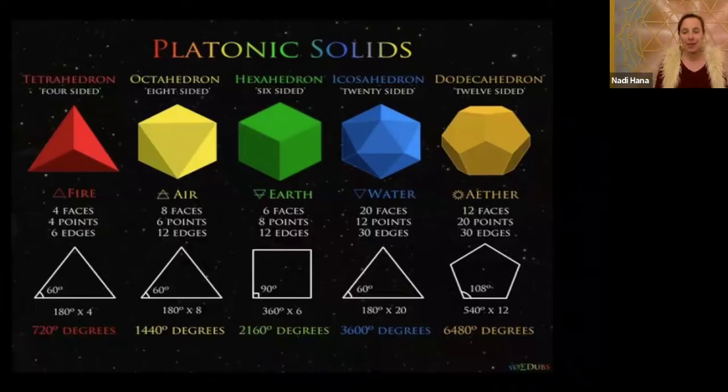So basically, Metatron's cube contains 5 shapes. And these 5 shapes are unique in the universe because they are the only 5 that adhere to 3 criteria: that all faces of the geometry are the same, that all interior angles of the geometry are the same, and that if you were to put the geometry within a sphere, the points would touch the sphere equidistant.